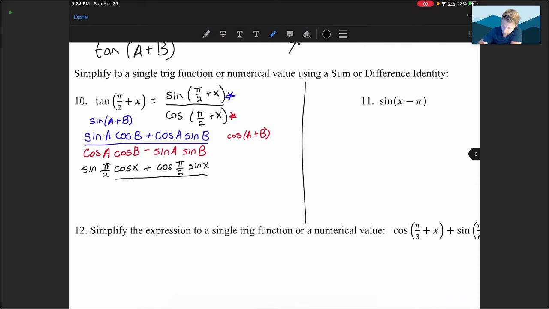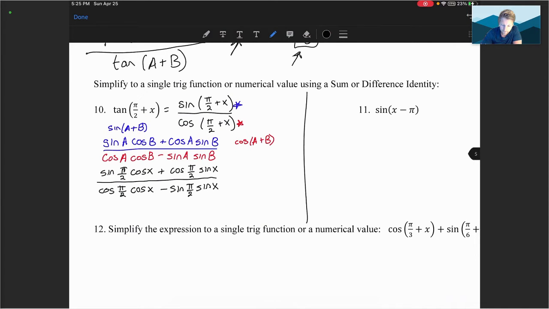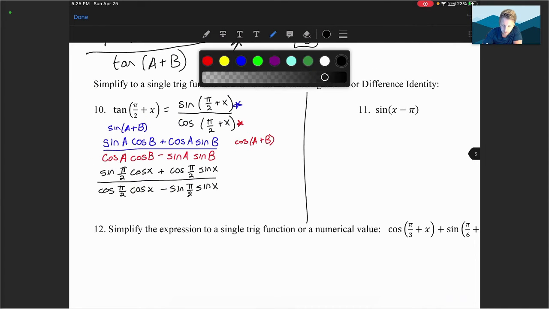Divide all this by the cosine pi over 2 cosine of x minus sine of pi over 2, and then the sine of x. So that's quite a few expressions there, but we definitely can simplify this result.